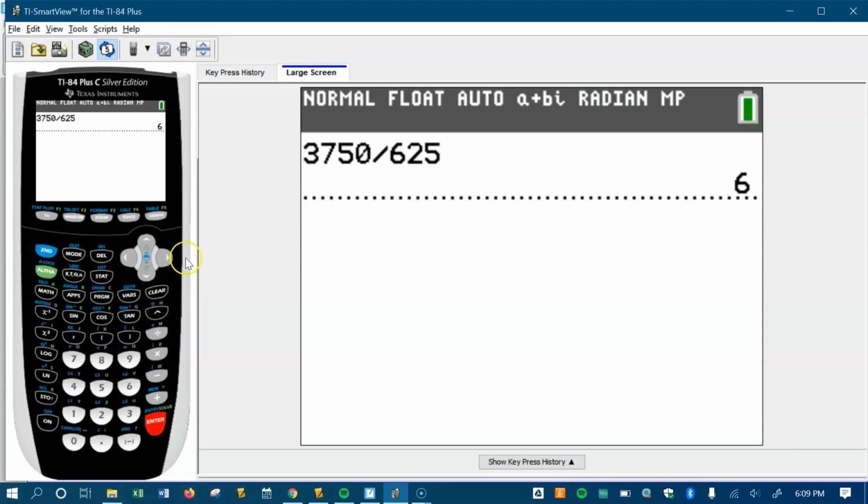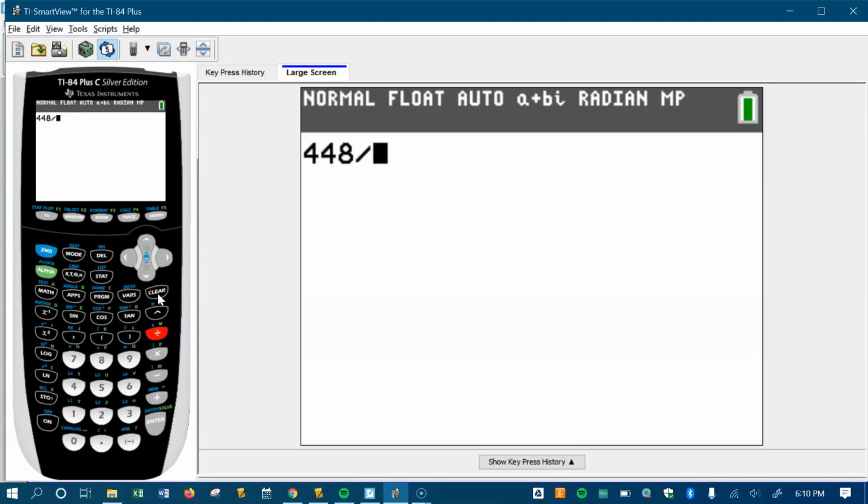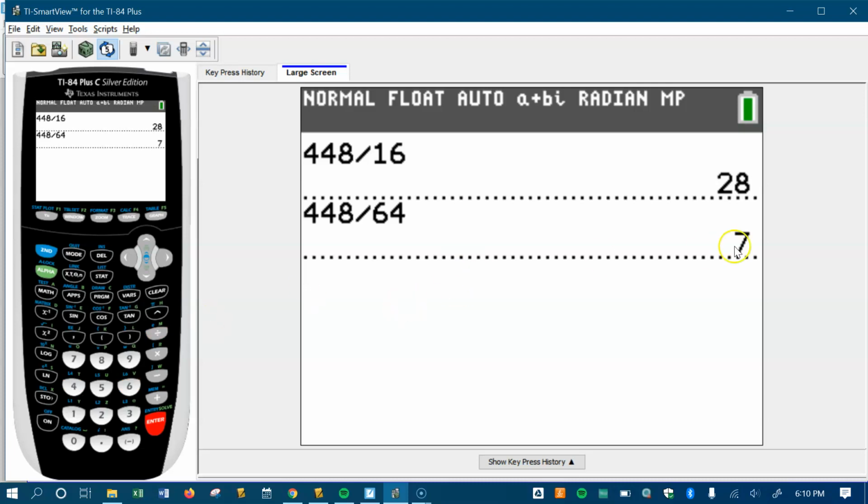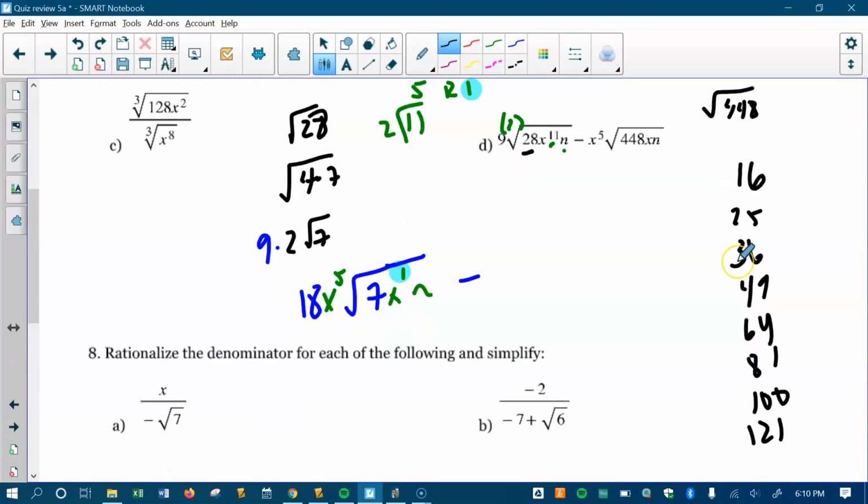Okay, that's good. 28 looks like it can be broken down though, so I'm going to keep dividing by something even bigger. Let's do 64. And 7 is a nice number that can't be simplified.